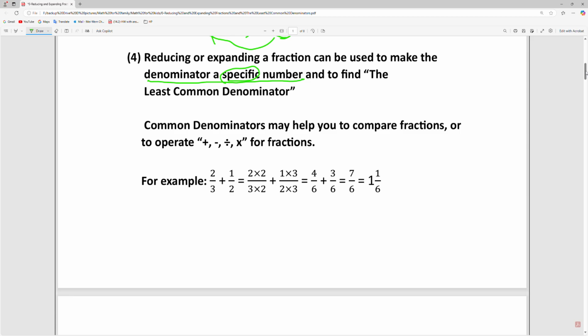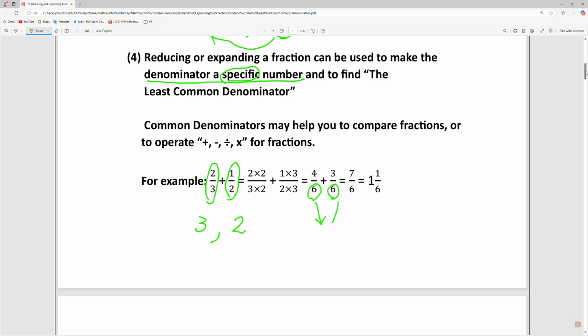What does a specific number mean? 2/3 plus 1/2, you have two different denominators, and I would like to make it a special number, 6.